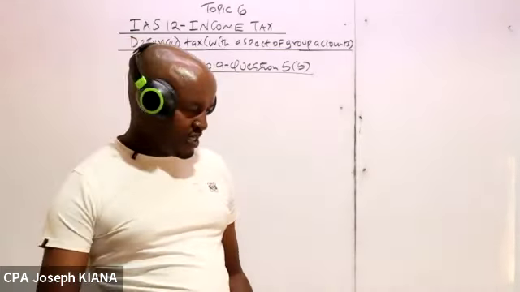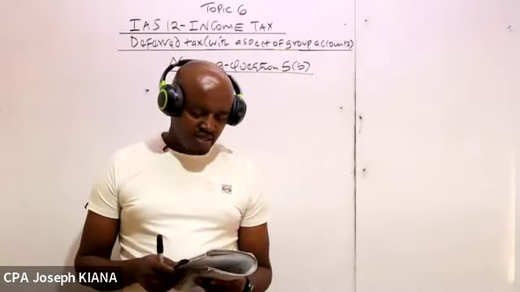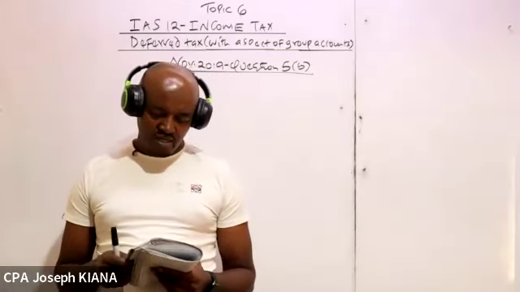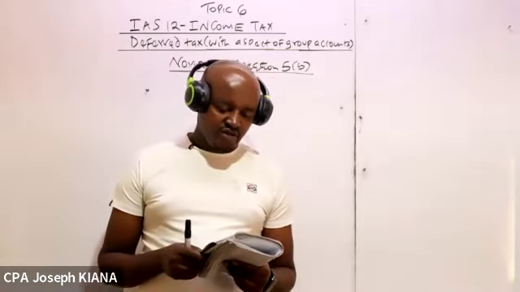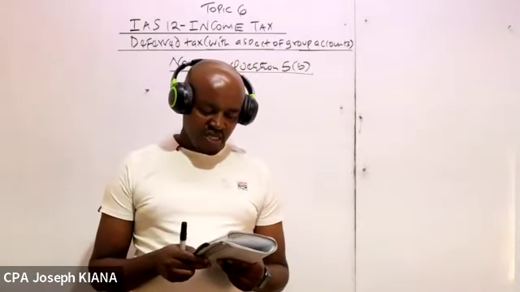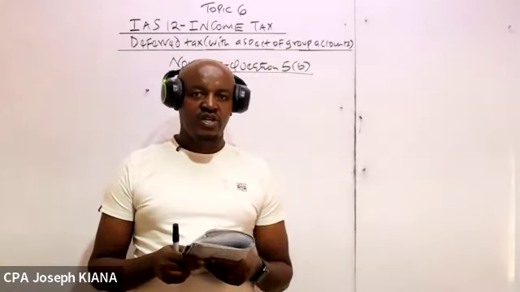Yes. So the question reads: Mafuta Limited had a deferred tax liability as at 1st of October 2018 of shillings 400 million. For the purpose of preparing financial statements for the year which ended 30th of September 2019, the following additional information is available.